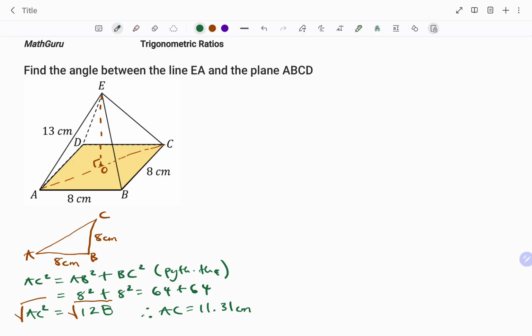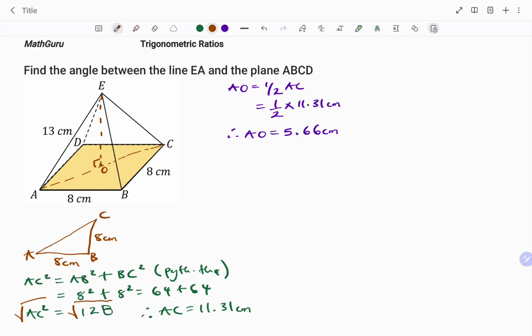Therefore, the distance AO is equal to half of AC. That's the property of a square. So AO will be half of AC from the previous calculation, 11.31 centimeters. So the distance AO will be half of that, 5.66 centimeters.